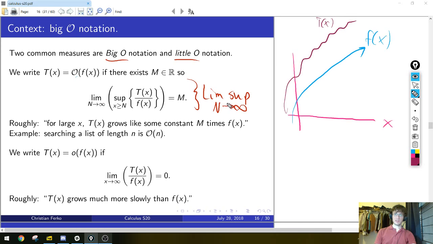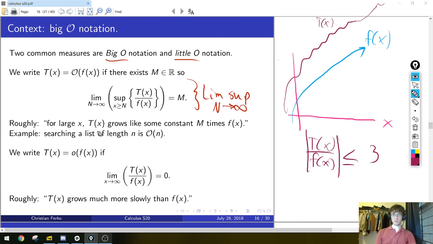But the claim is that as you get very large, the function you're interested in divided by the comparison function f, although it can wiggle, is always going to have wiggles smaller than some upper bound. So the ratio t of x over f of x is always upper bounded by some number, say 3. Even if it wiggles, the ratio is never going to exceed 3 for very long. That's what we mean by lim sup.